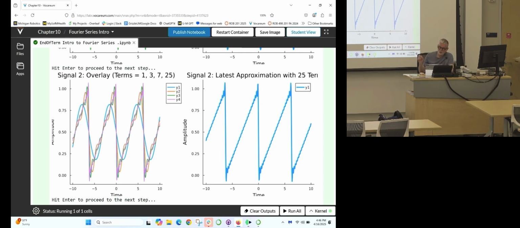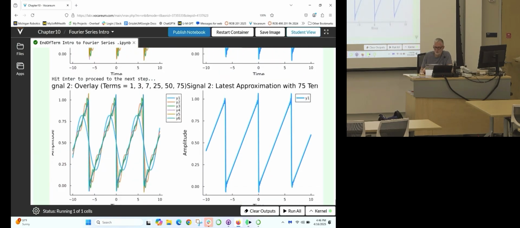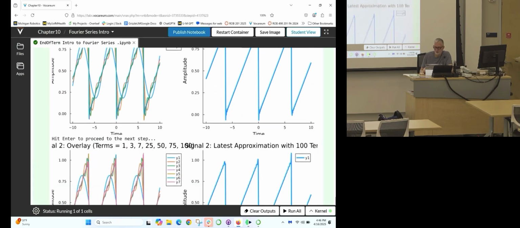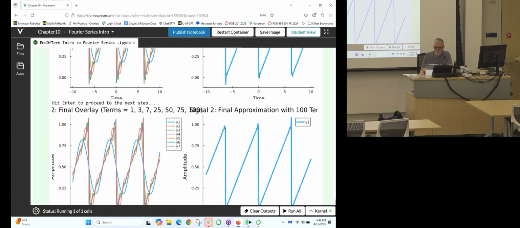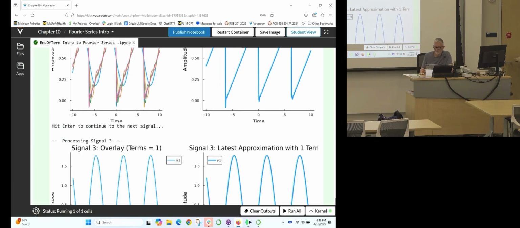So how is it possible to write a discontinuous function, a function with jumps, as a sum of continuous signals? The key thing is you need to use a lot of sinusoids. And in the limit, you get it perfectly. With 100, it's still not quite perfect.